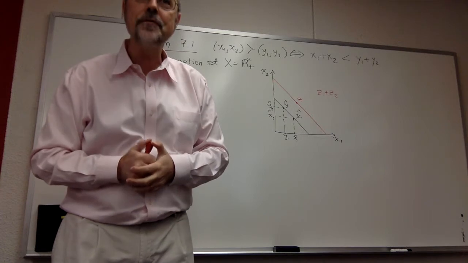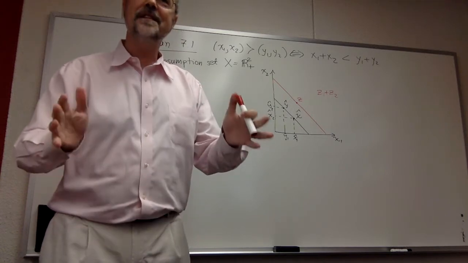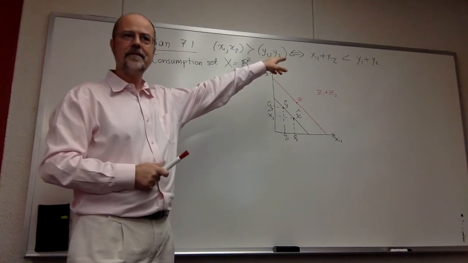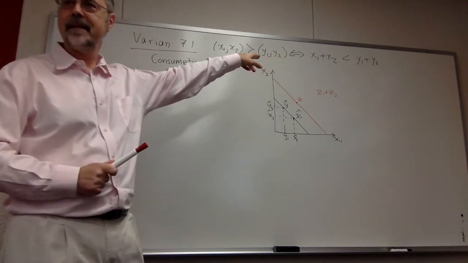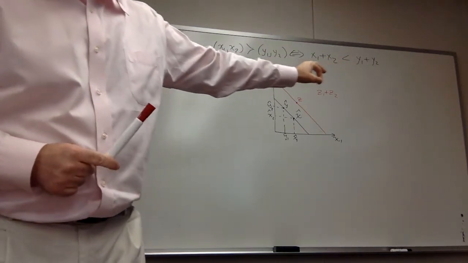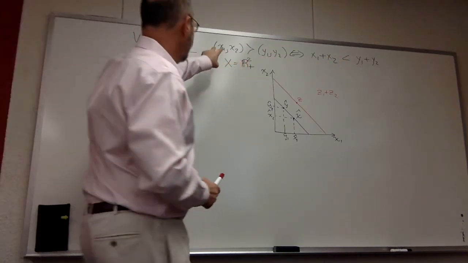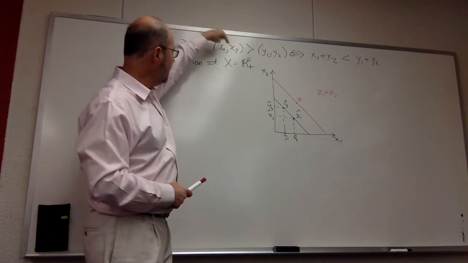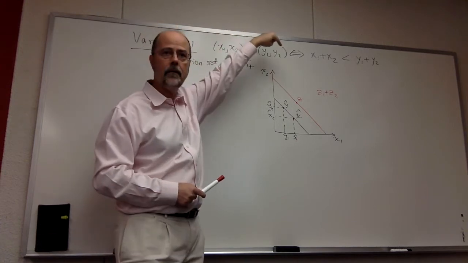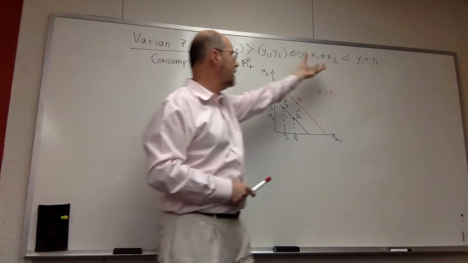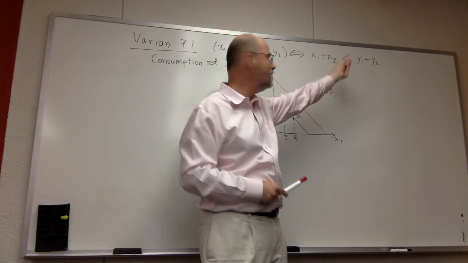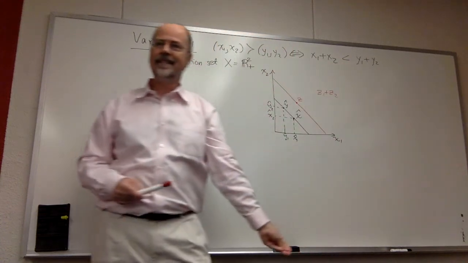It's very strange, but it teaches us that we need to read very carefully the preferences of the person as they are given to us by the exercise. This person considers these commodities bads, not goods. Look, he says the X consumption bundle is preferred to the Y one if and only if the sum of the amounts of the two commodities is in fact smaller.